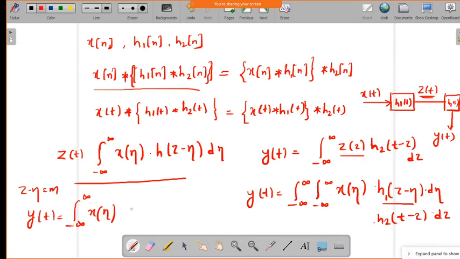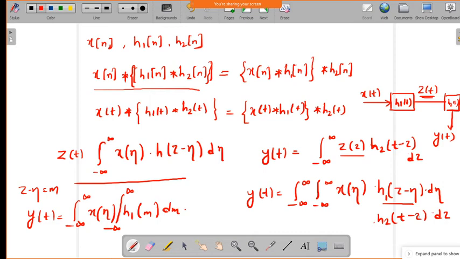So h1 of m, and here one more integral is there, from minus infinity to plus infinity, I'll put it here. So h1 of m into d eta, that is nothing but dm, into whatever your h2 of t minus tau.